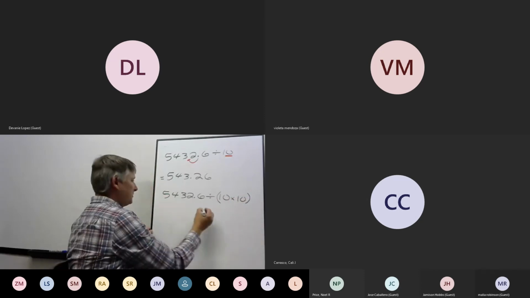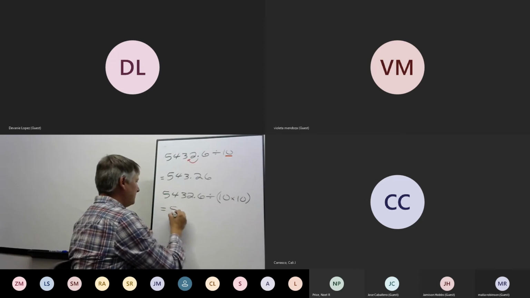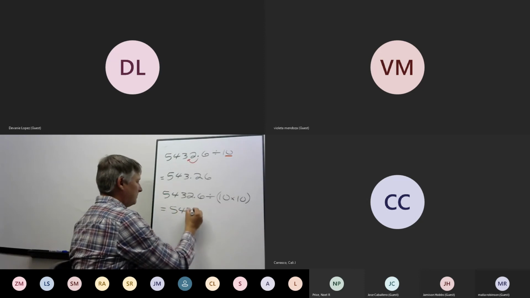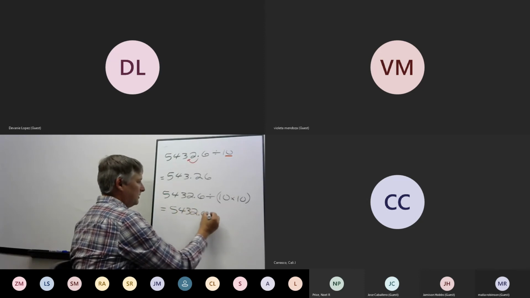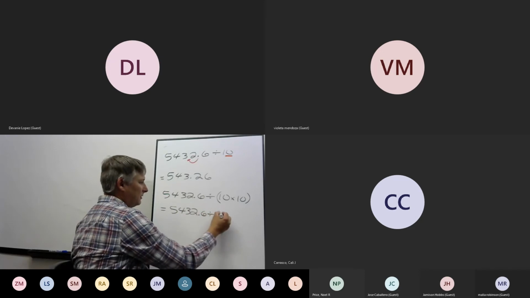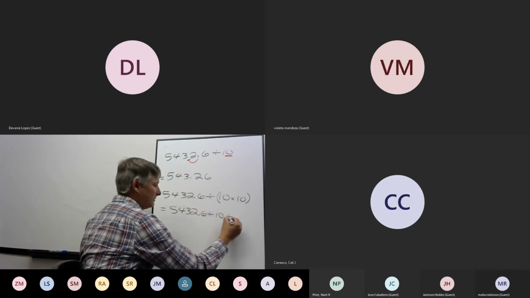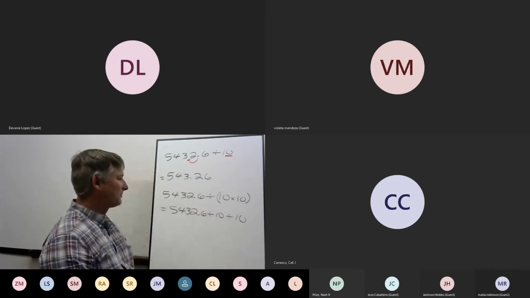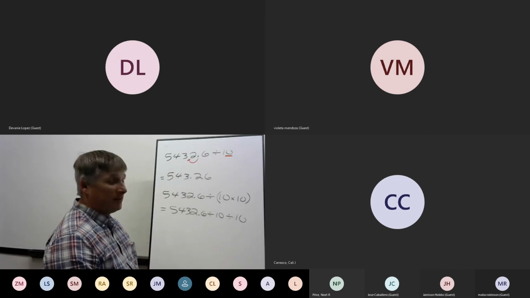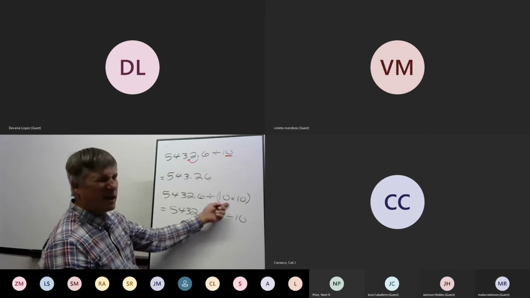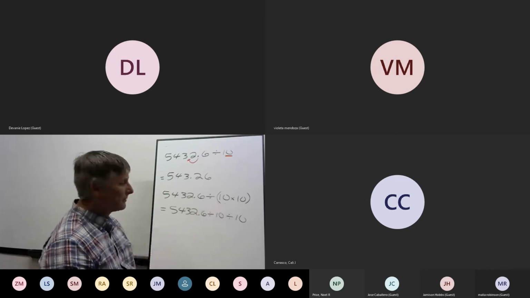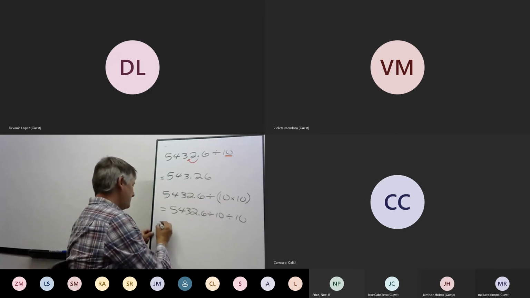Or you could say this. We divide by 10. We divide by 10 again. This is going to be the same. I'm going back to this here. I'm kind of skipping around a bit. But this is going to be the same.